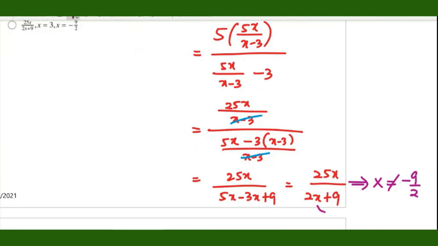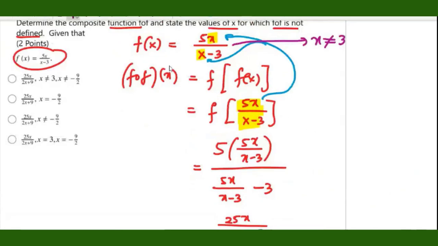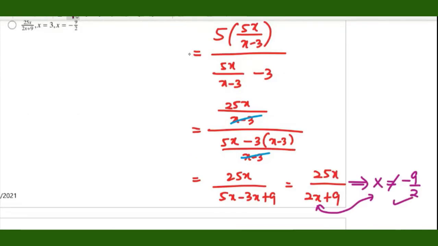But we must remember the original function f(x) also cannot take the value 3. So both 3 and negative 9 over 2 must be taken out.